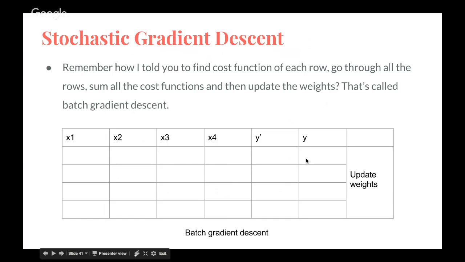I told you to find the cost function for the first observation, second observation, third observation, fourth observation, then add all those cost functions and update the weights, and then repeat the entire epoch again. An epoch is traversing the entire data set. So we do multiple epochs, but we update the weights after we find the sum of the cost function, after a batch. So this is batch gradient descent.